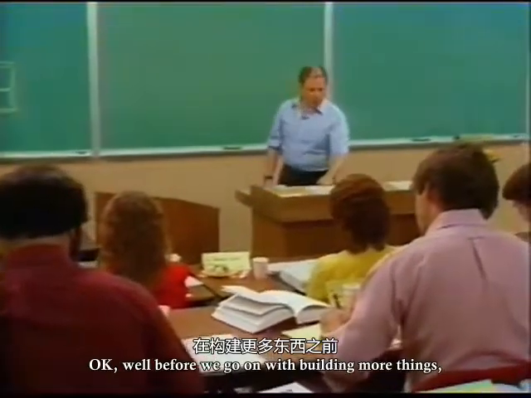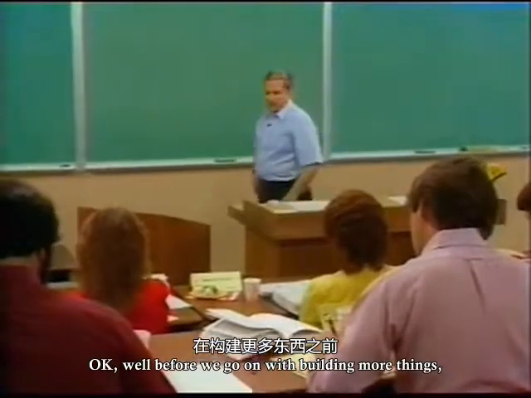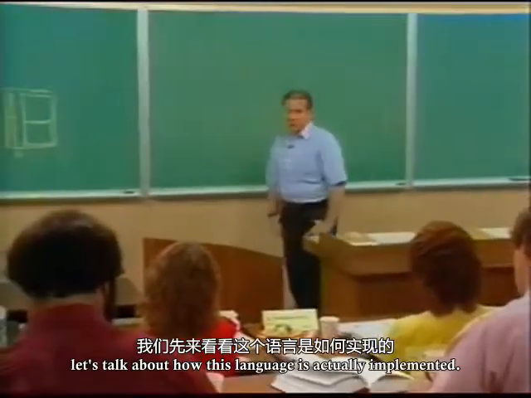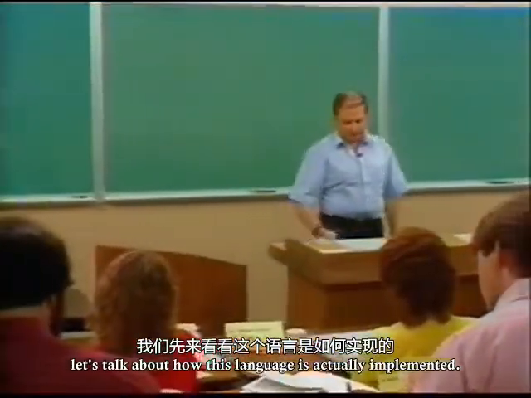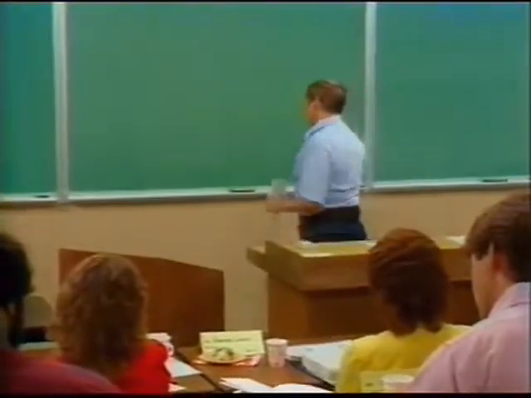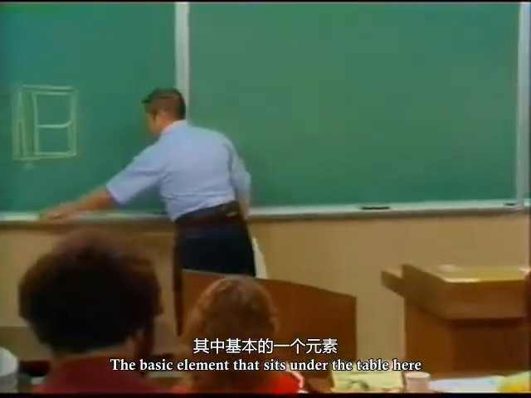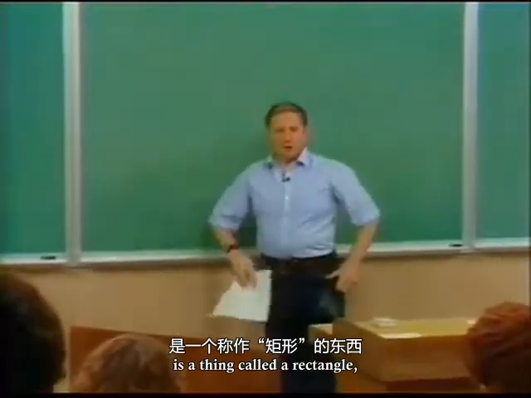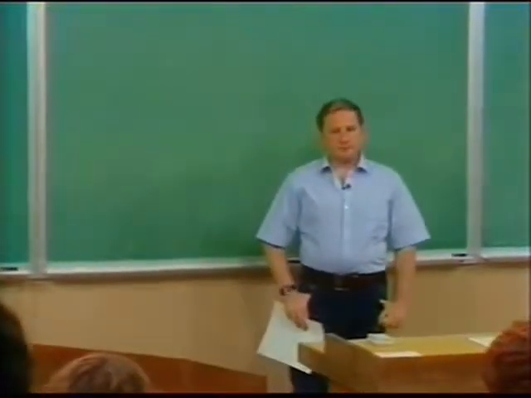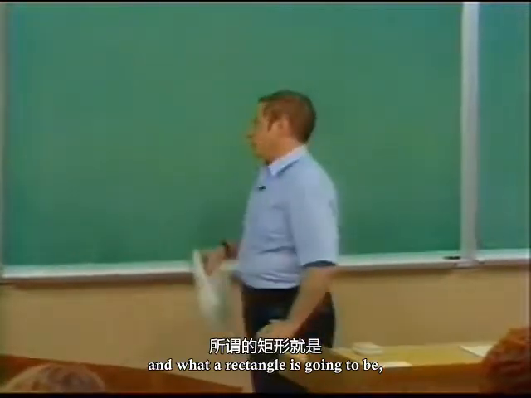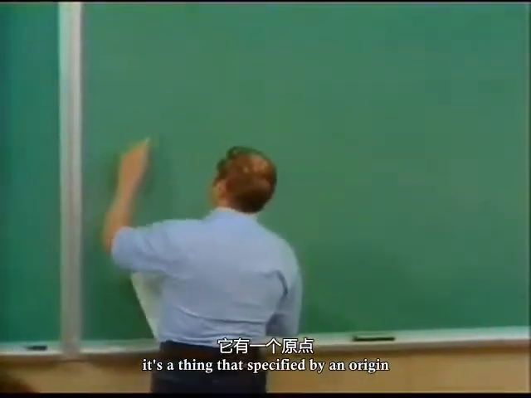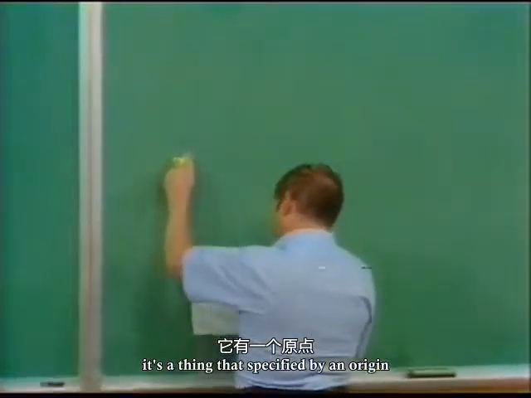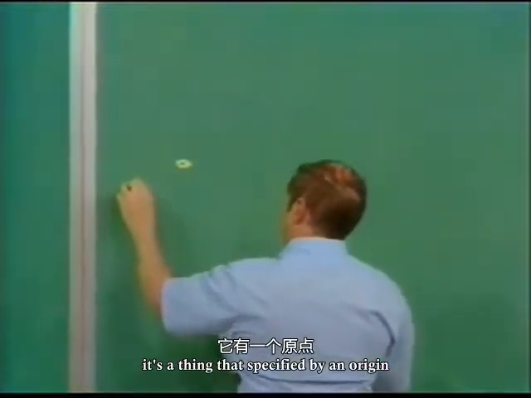Okay, well, before we go on with building more things, let's talk about how this language is actually implemented. The basic element that sits under the table here is a thing called a rectangle. And what a rectangle is going to be, it's a thing that's specified by an origin.